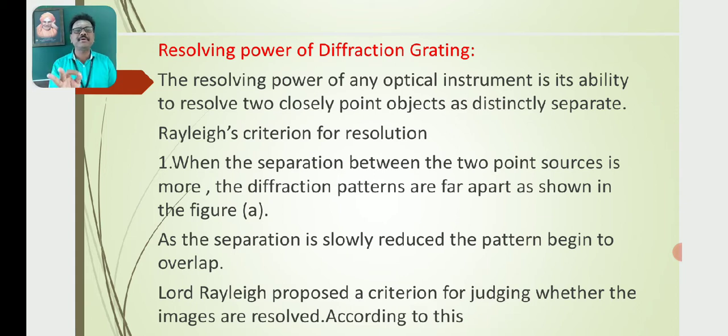When the separation between the two point sources is more, the diffraction patterns are far apart, as shown in the figure on the next slide.